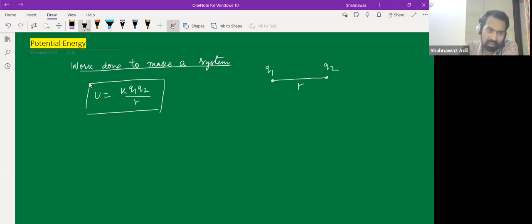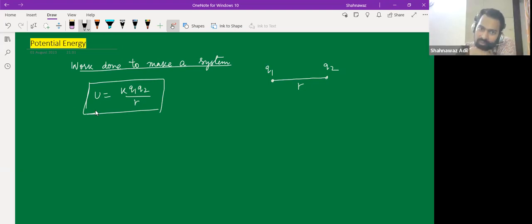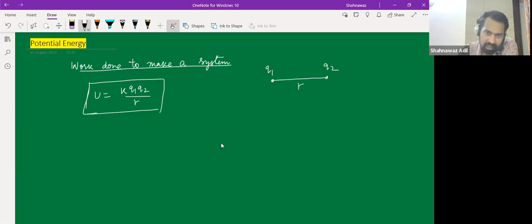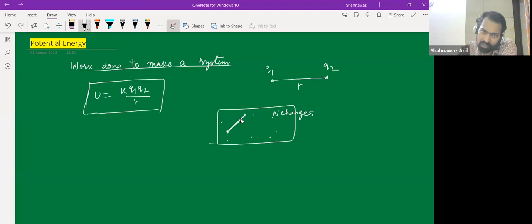Did you have mathematics in your 11th class? Did you learn about permutation and combinations? If I have n charges in a box and I have to select two charges at a time, how many combinations would there be?